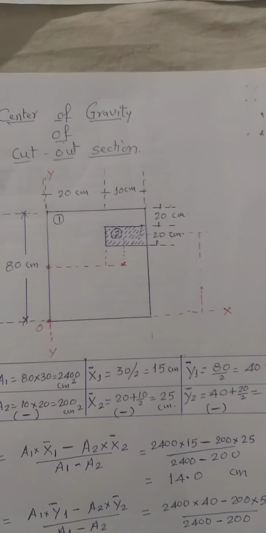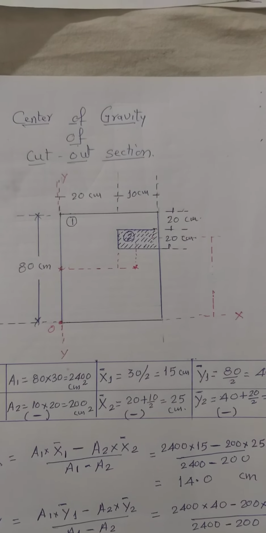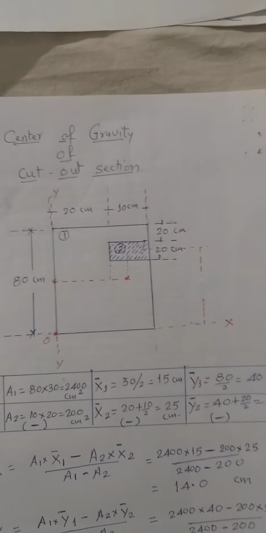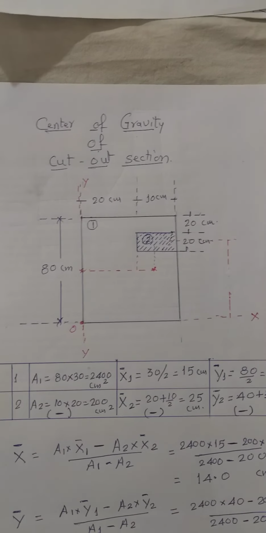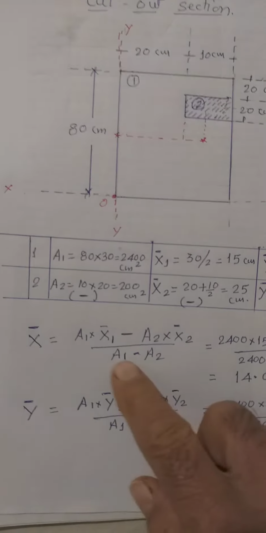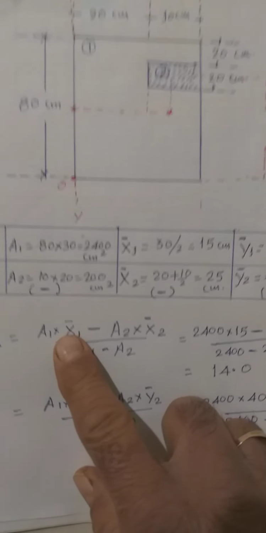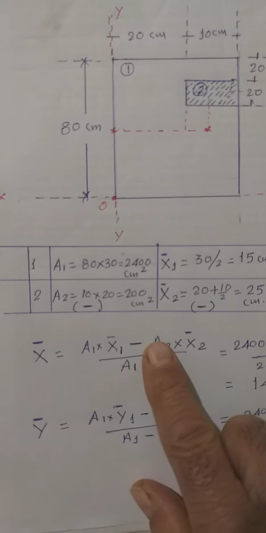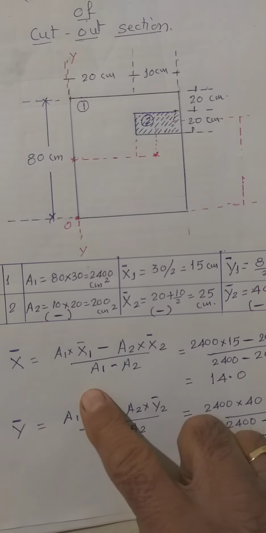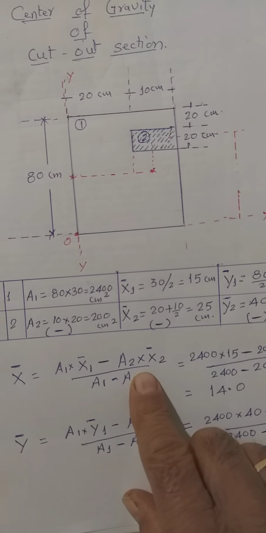Wherever we are applying it, the area, x bar 1, y bar 1, the values of the cutout portion are always to be subtracted. And then finally our formula becomes x bar is equal to (A1 x bar 1 minus A2 x bar 2) upon (A1 minus A2).